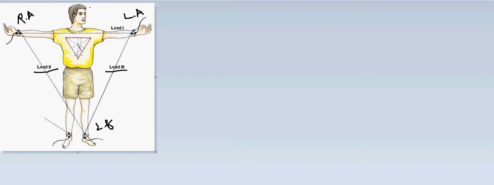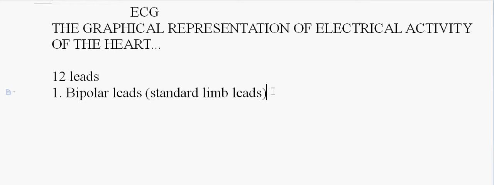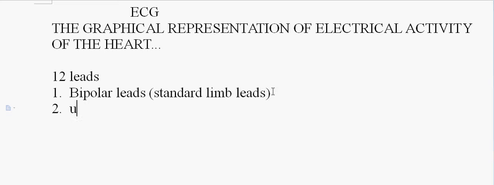And when you look at this direction, we get an equilateral triangle. So this denotes the heart is in the center of this equilateral triangle, and this is also called the Einthoven triangle. He was the one who discovered ECG, and he is also called the father of electrocardiogram.